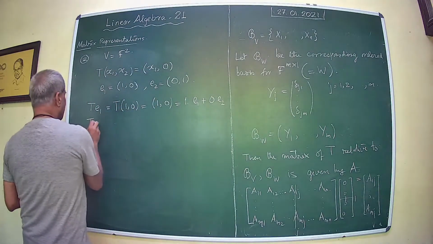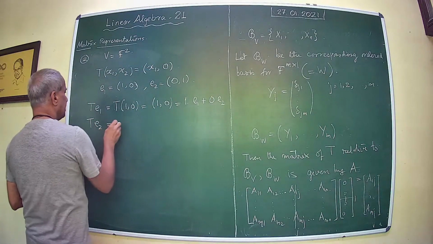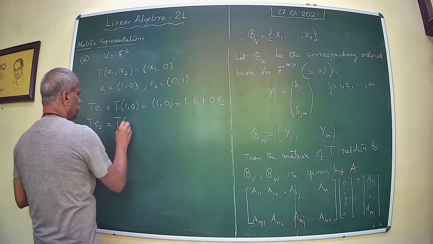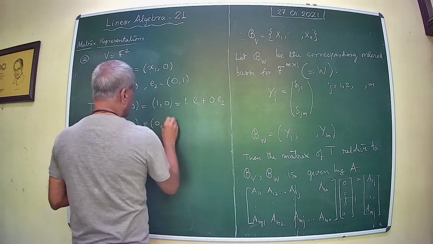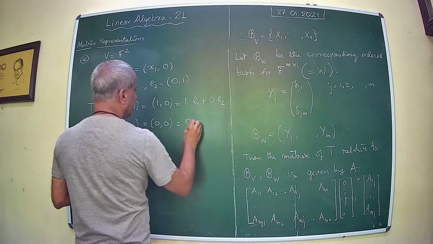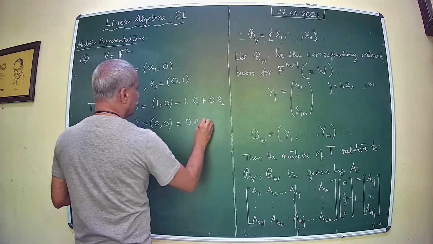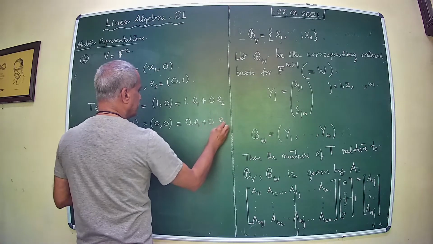Similarly, T(E2) is T of (0, 1), which is (0, 0), equal to 0 times E1 plus 0 times E2.